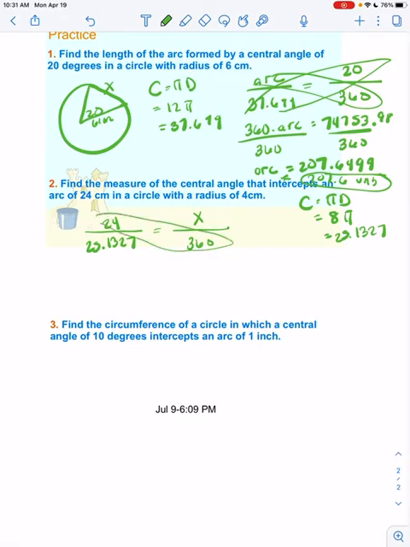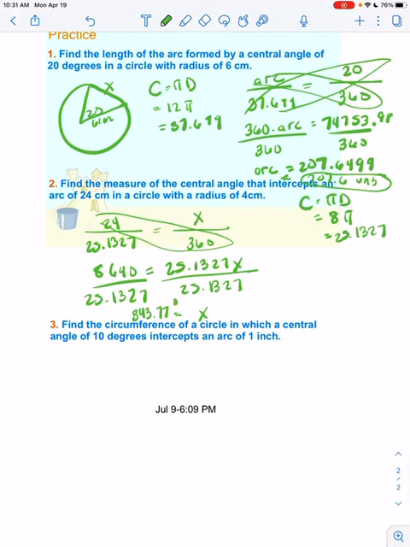Cross multiply. 8,640 equals 25.1327x, and we divide by the circumference to get our angle. And we get an angle of 343.77 degrees.